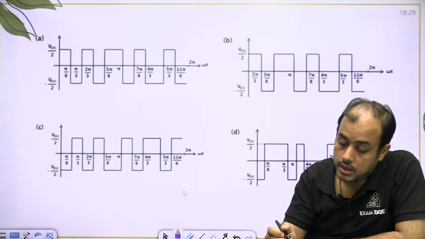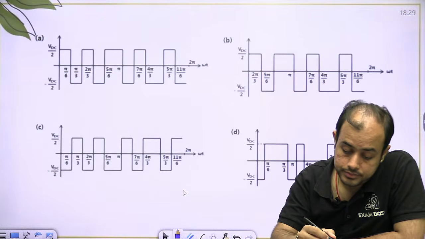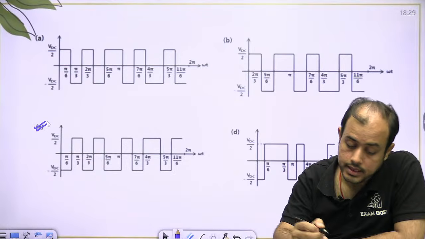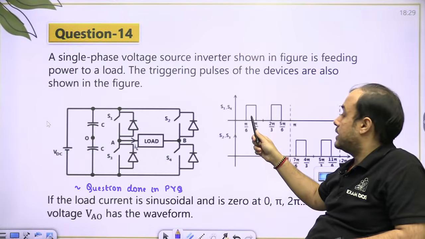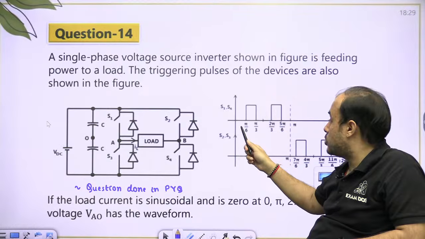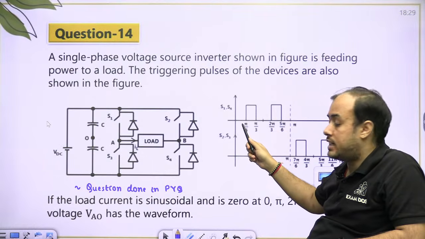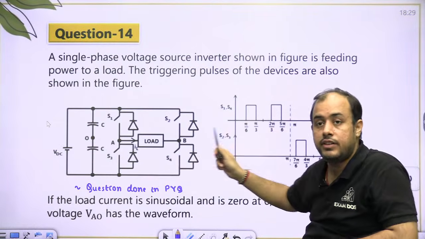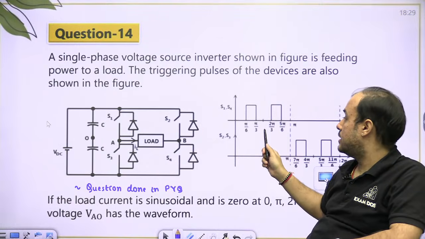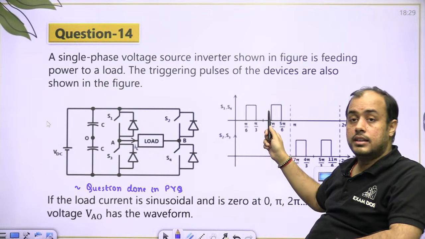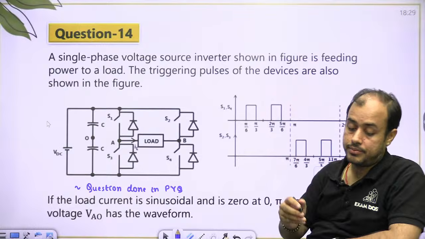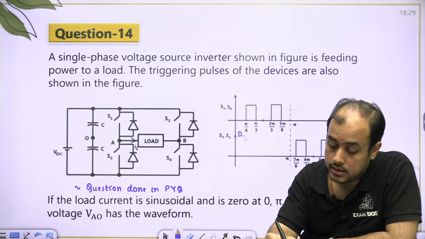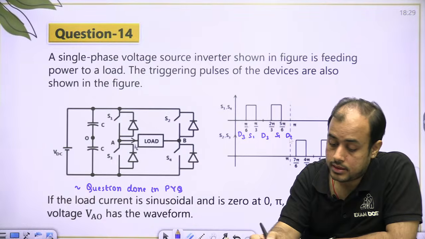So it will come out as T. When S1 is on, it will be VDC by 2. When nobody is on, then D3 will conduct. D3, S1, D3, then S1, then D3. Conduction will go like this: D3, S1, D3, S1, D3.